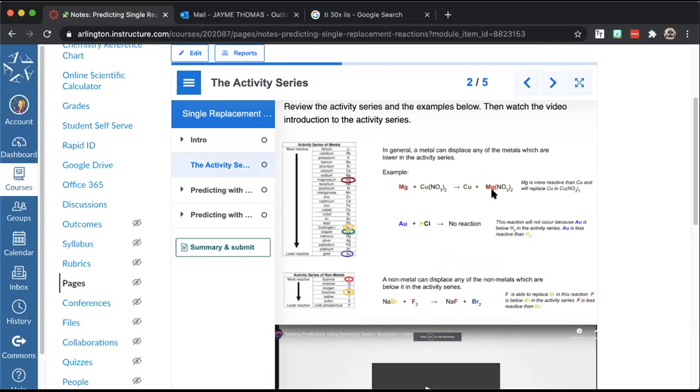Okay. So if we look at example number one, I should be able to tell this is single replacement just from looking at the reactants, because I have a single element and I have a compound. That's the only type of reaction that's going to have that pattern. If we have two elements, that might indicate that it's synthesis and they're going to make one compound.